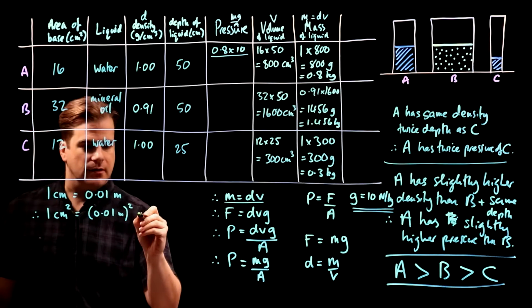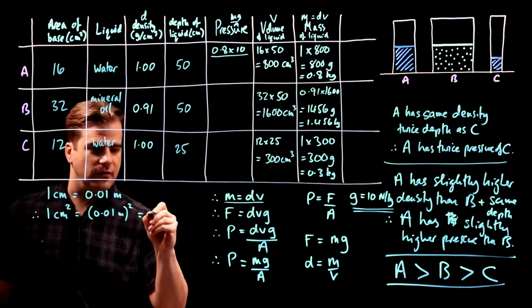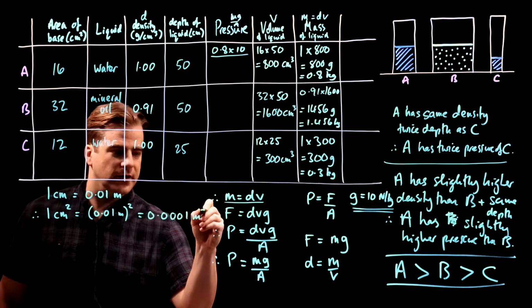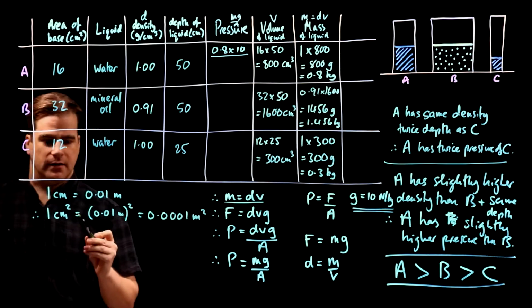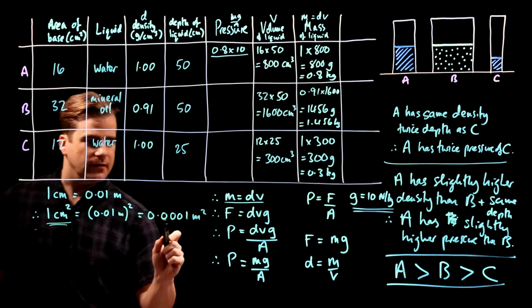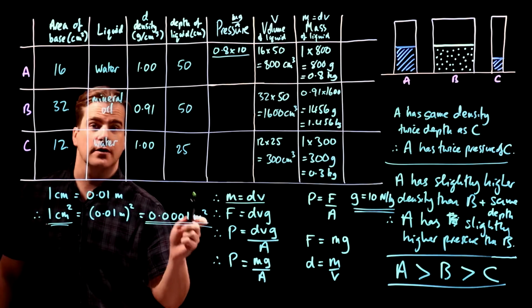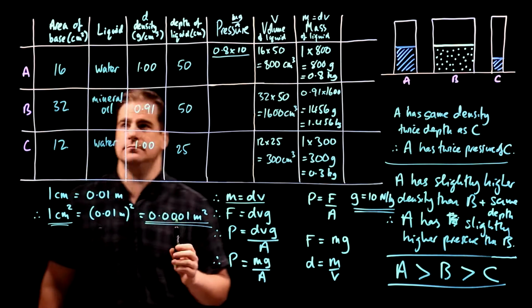And 0.01 squared is 4 decimal places: 0.0001 metres squared. 1, 2, 3, 4. That's correct. So 1 cm squared is 0.0001 metres squared. So that's how you convert it.